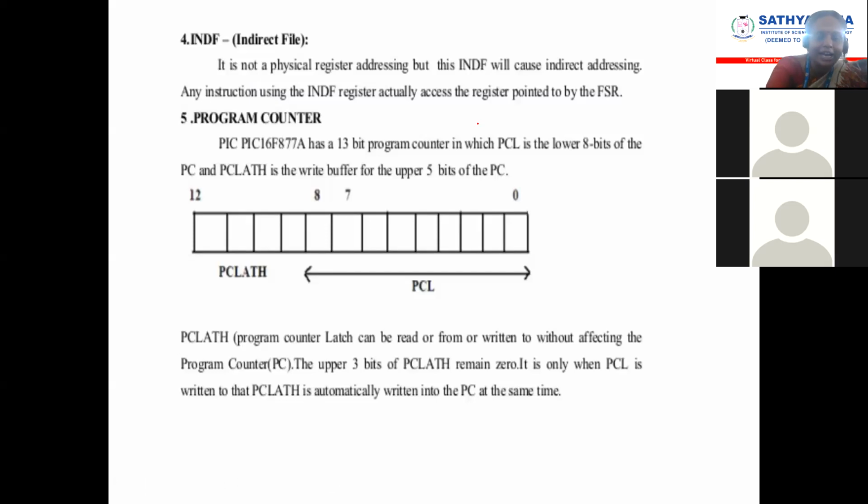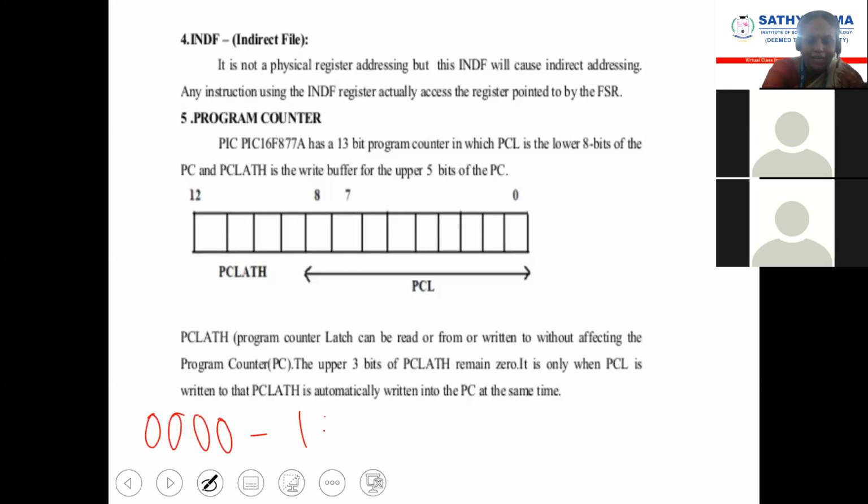8 KB means we all know the length is 0000 to 1FFF. So what is the maximum? 1 means 1111 for 1F, 11111, 11111.